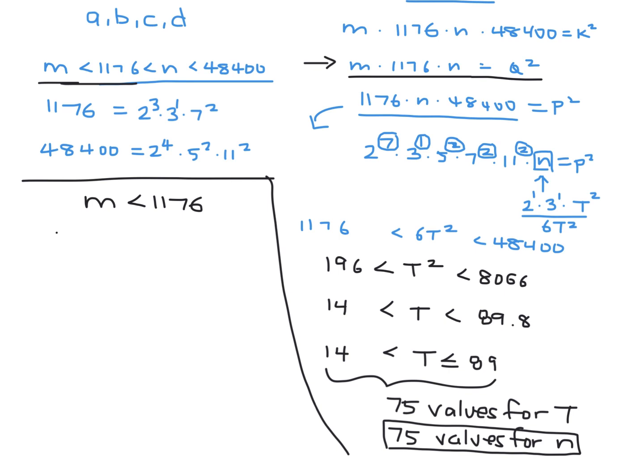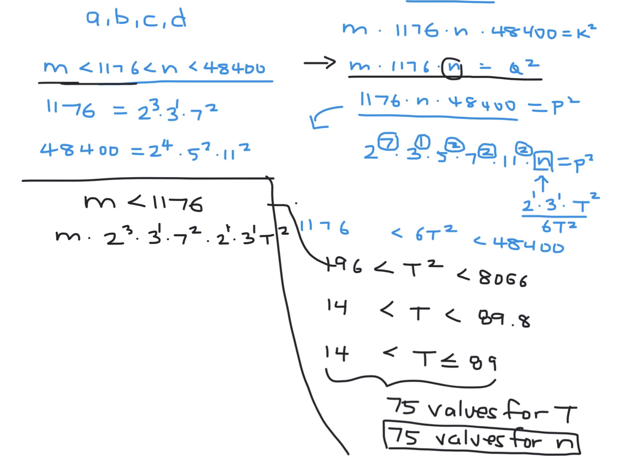Let's just write it out here. M times 1176, that's 2 to the power of 3, 3 to the power of 1, 7 to the power of 2. And then this n is 6t squared, right? So 6, which is 2 to the power of 1 times 3 to the power of 1, times t squared.